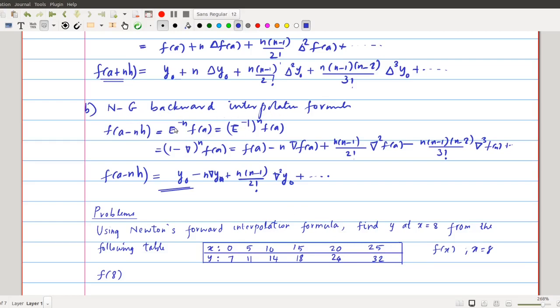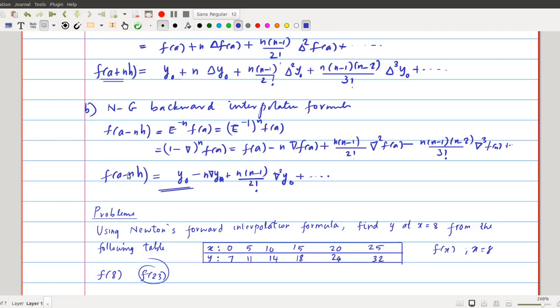At that time, in order to evaluate f of 23 or f of 17, we compare this quantity with f of a minus nh, okay. So this is the remark given on the Newton-Gregory backward and forward interpolation formulas.